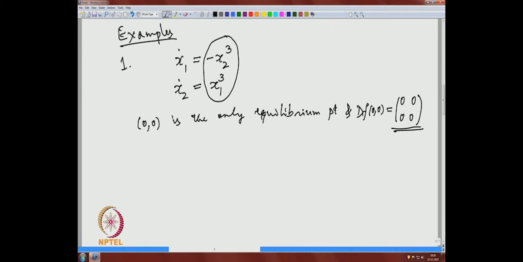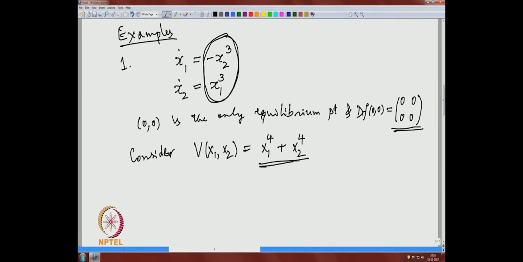Now, let us go back to the nonlinear system. Looking at this cubic power, let us try this function, v(x1, x2) equal to x1^4 plus x2^4, since it is 4th powers of both the variables.